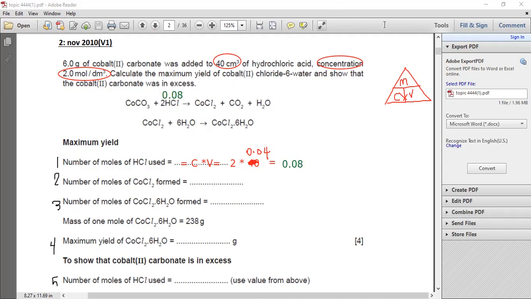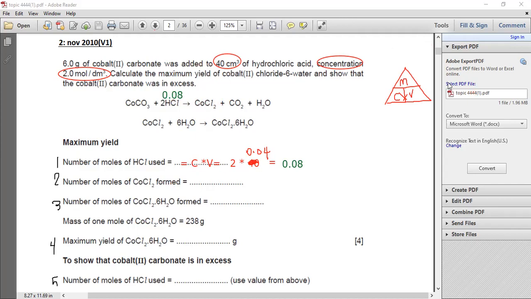Number 2, he asked me about number of moles of COCl2 formed. As I said before, cobalt chloride, you can use mole-mole ratio. Yes, this is COCl2. And I have number of moles of HCl. What is the mole-mole ratio?